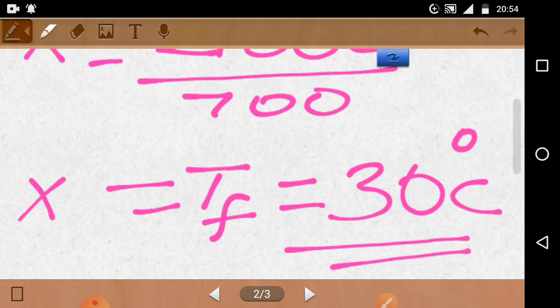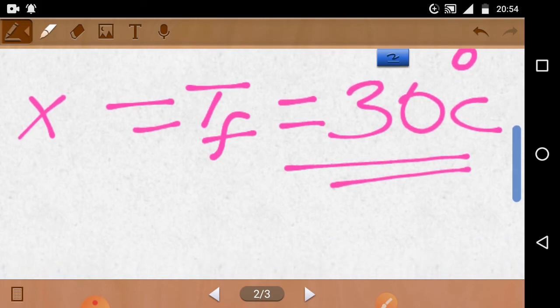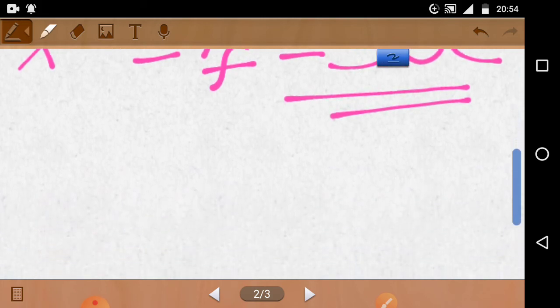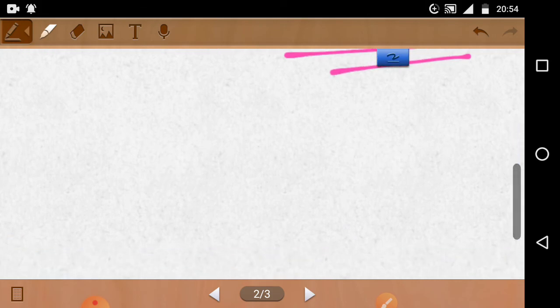Okay. If you don't want to follow all this procedure, there is a shortcut for this, and you can use that formula to arrive at the same answer.